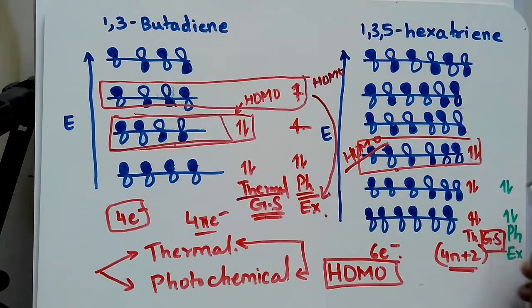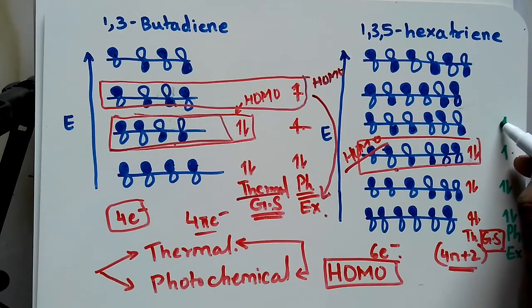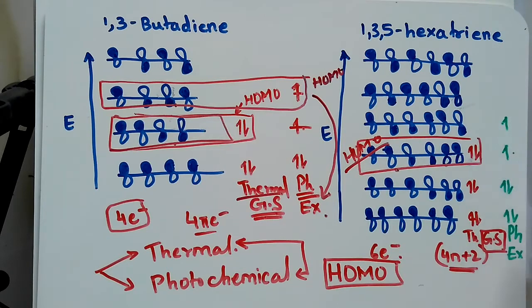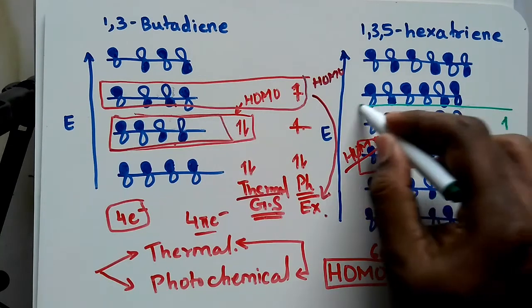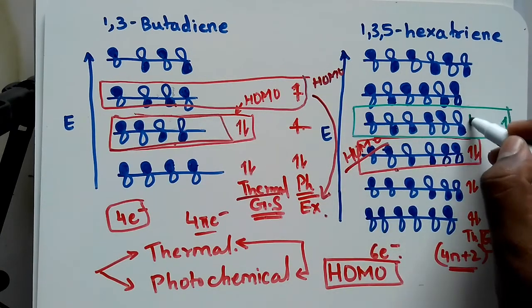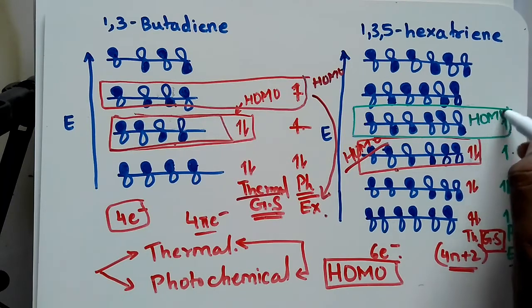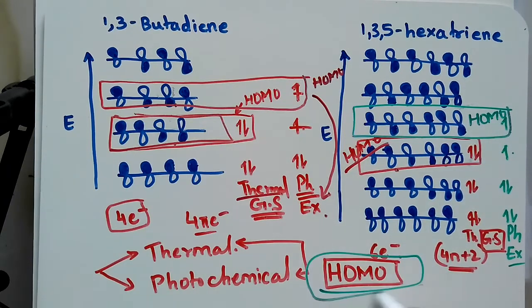Then comes the next 2 electrons, and of these, 1 electron stays here and the second electron jumps to the next orbital. Now in the photochemical state this is the new HOMO, and we are only concerned about the HOMO of these two particular species for the conrotatory and the disrotatory motions.